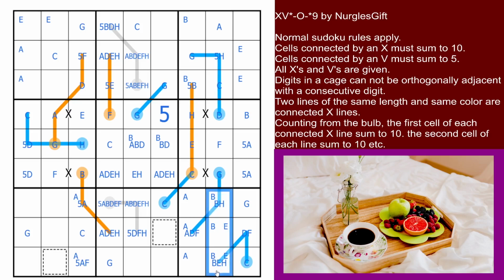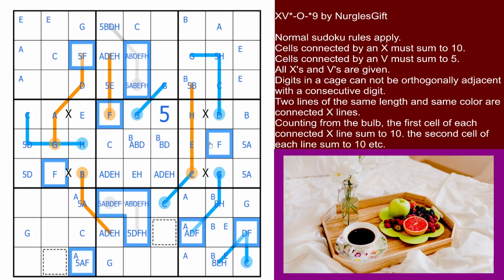Where is F here? DF. F cannot be here, right? So F could be here, here, here. Maybe if I just double click it. No, F we do not have much, right?